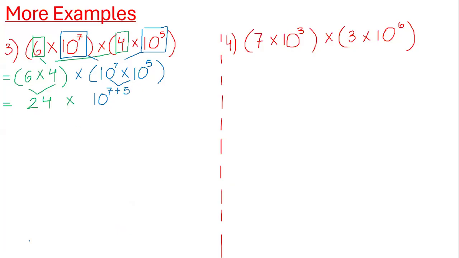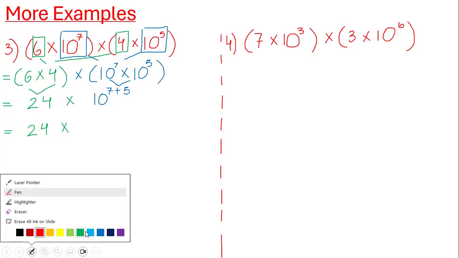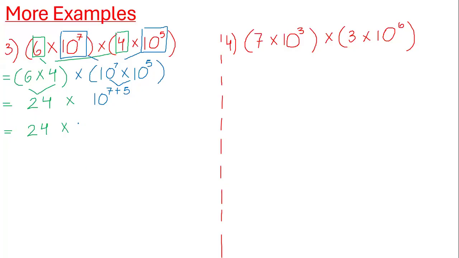It's gonna be equal to 24 multiplied by 10 to the power of, 7 plus 5 is what? 7, 8, 9, 10, 11, 12. 12, very good. 10 to the power of 12. Good.